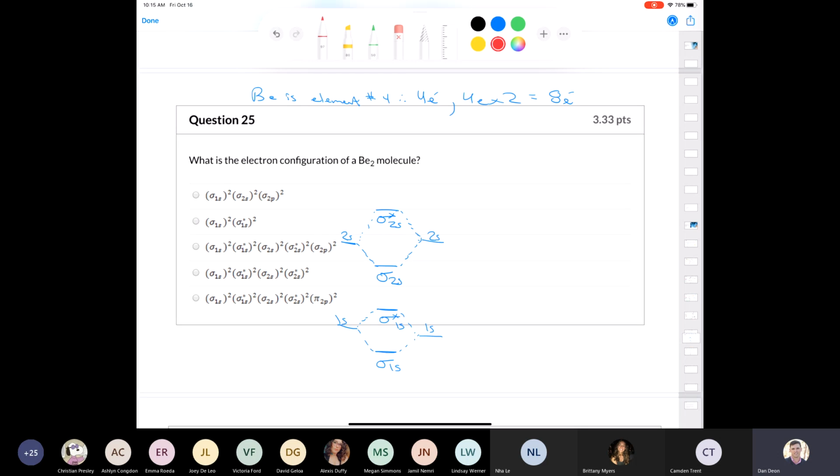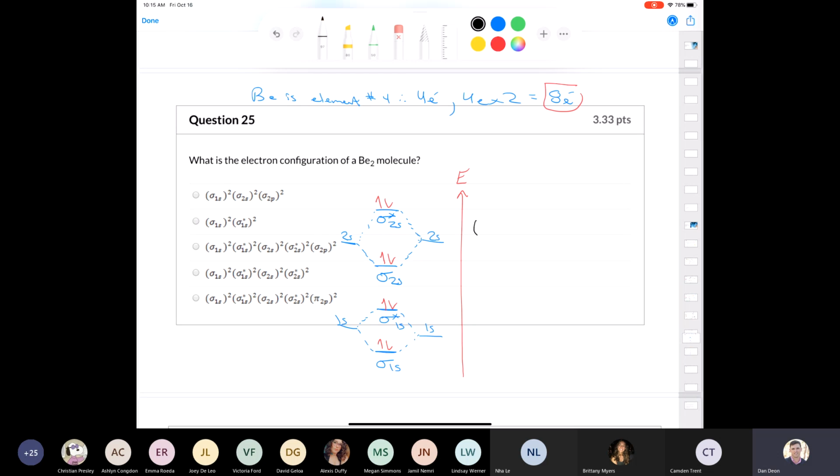Now, if I have a total of 8 electrons, I'm going to start filling up my orbitals: 1, 2, 3, 4, 5, 6, 7, 8. So there are all of my electrons. If I start from the bottom in terms of energy and go up to higher energy, what have I got?